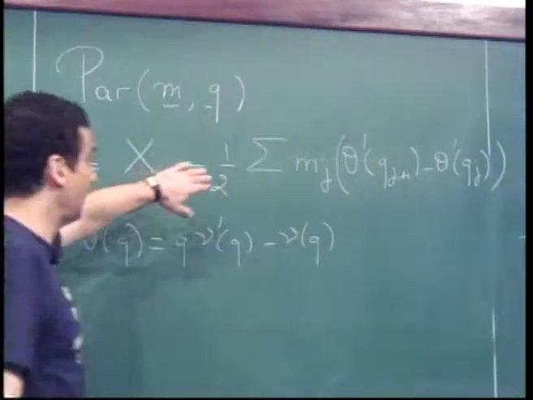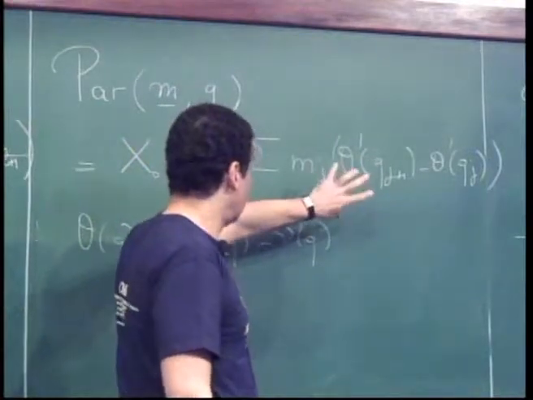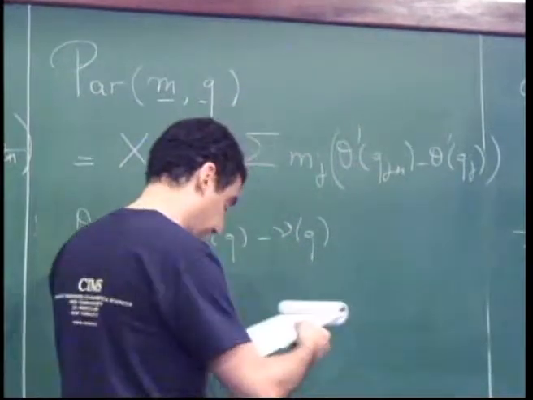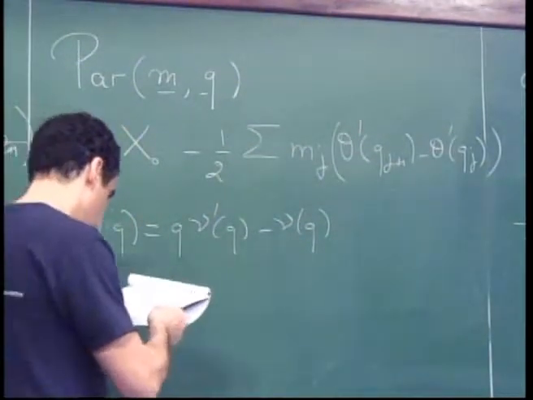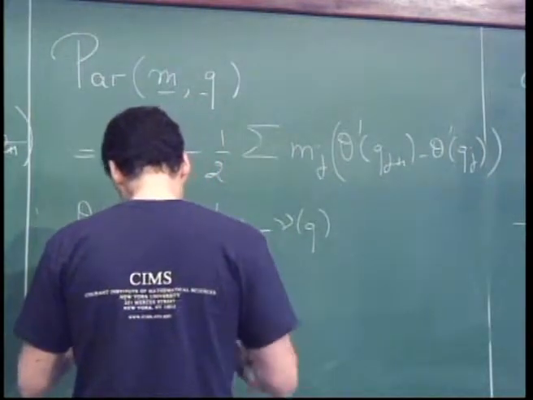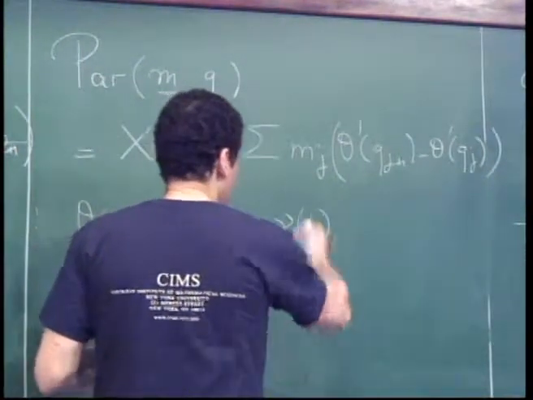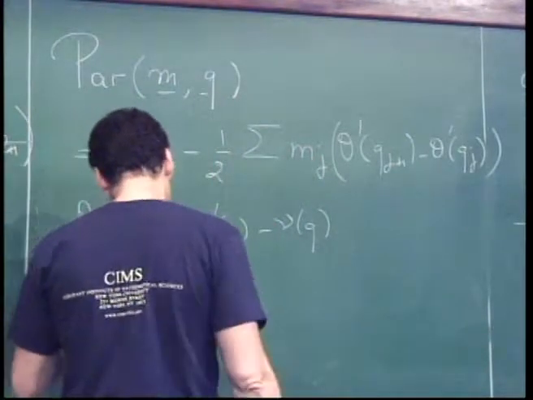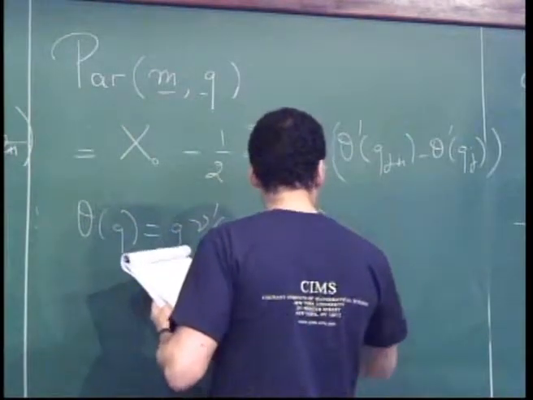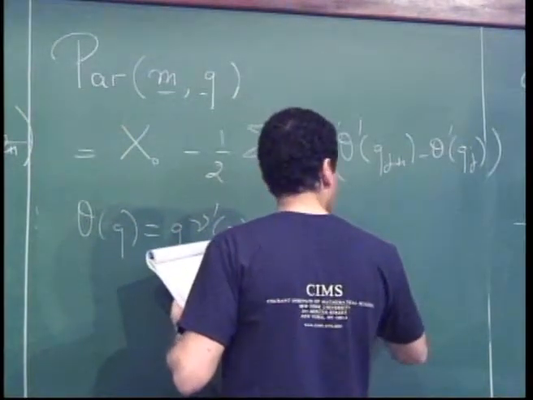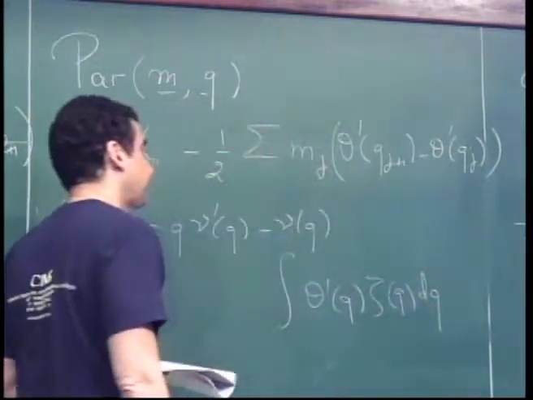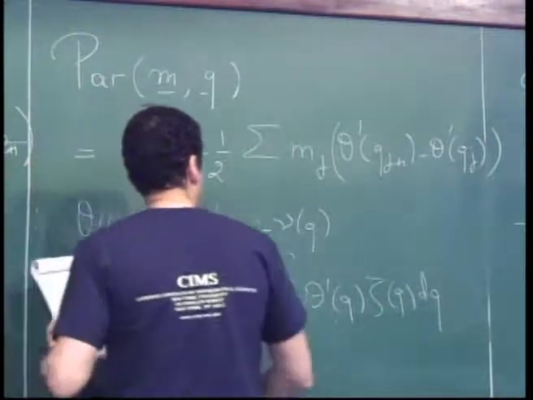Of course, this you could write also as an integral over zeta. This is just the integral of theta prime of q zeta of q dq. All right, so anyway, that's the thing.